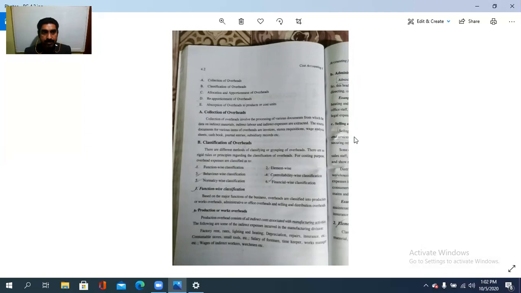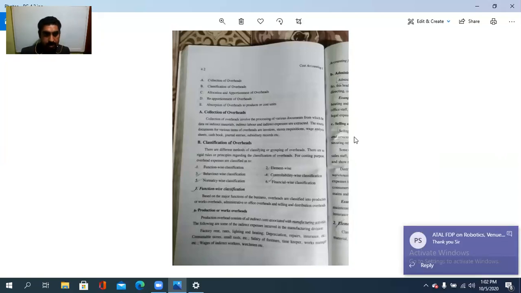Element-wise: indirect material, indirect labor, and indirect expenses. Behavioral-wise: fixed, variable, and semi-variable overhead. Controllable-wise: controllable cost and uncontrollable cost. Normalcy-wise: normal cost and abnormal cost. Financial-wise: financial cost and non-financial cost. That is the classification of overhead.